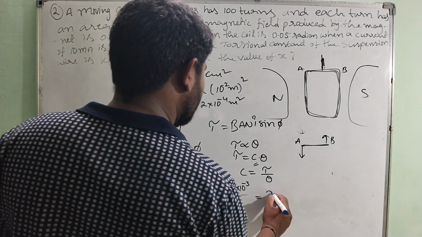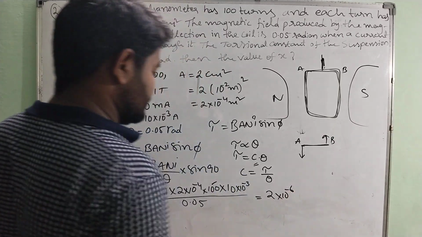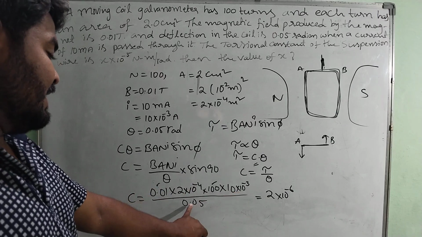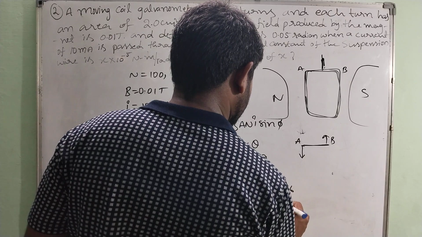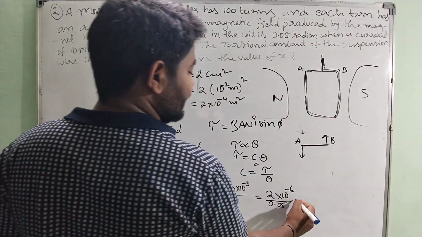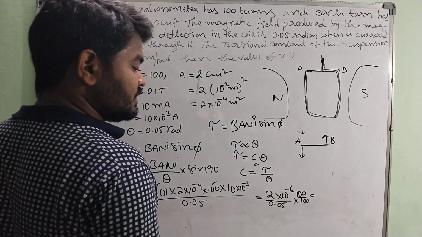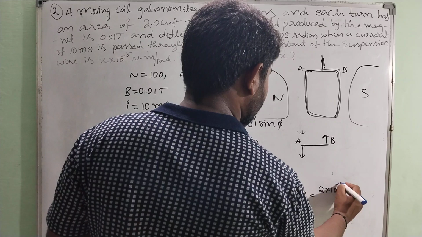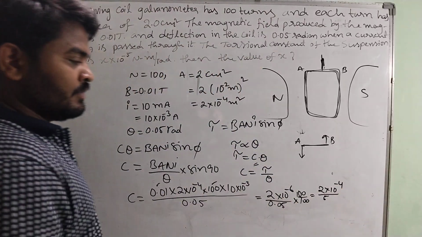So 2 into 10 to the power of minus 6 divided by 0.05. Dividing by 0.05 gives 2 into 10 to the power of minus 4 by 5.